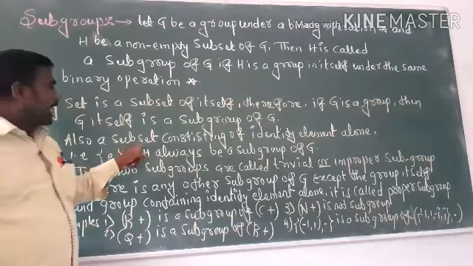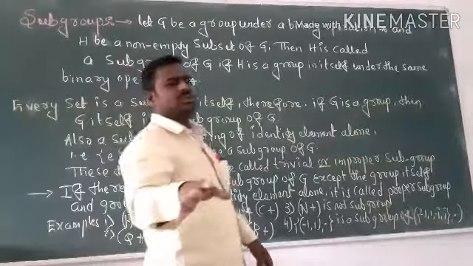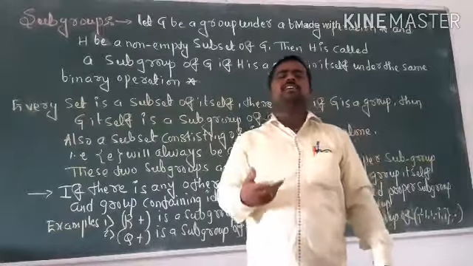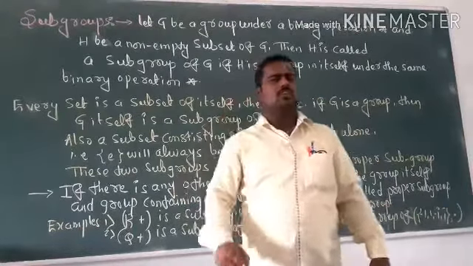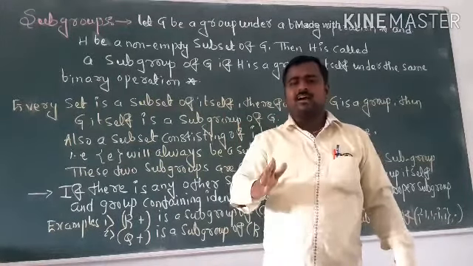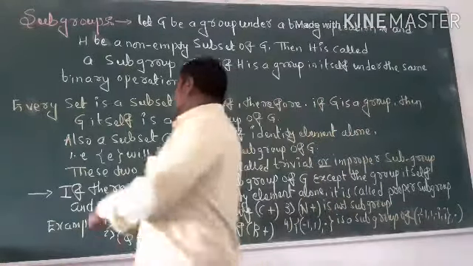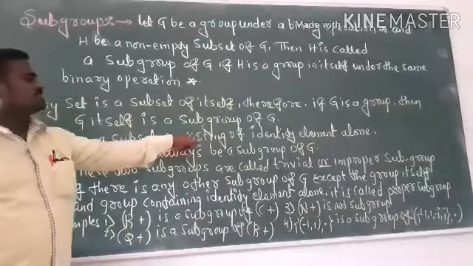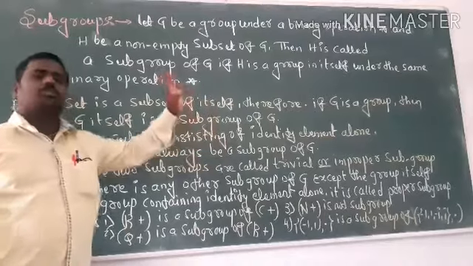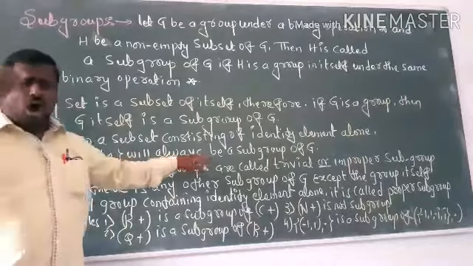Most important, a subset consisting of the identity element alone. What is the identity of addition? The identity of addition is 0. What is the identity of multiplication? It is 1. In the binary operation, we consider the identity as E. So the subset consisting of the identity element alone, E, will always be a subgroup of G. Keep in mind, {E} will always be a subgroup.